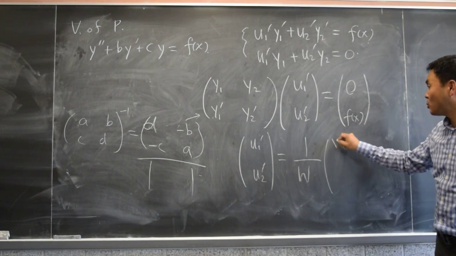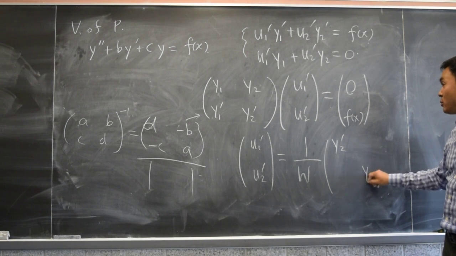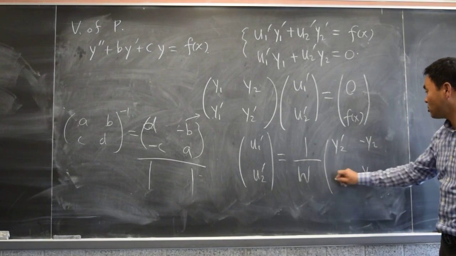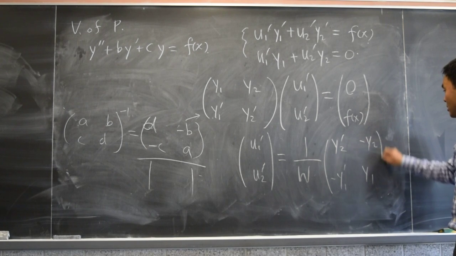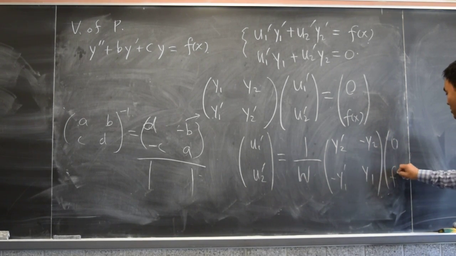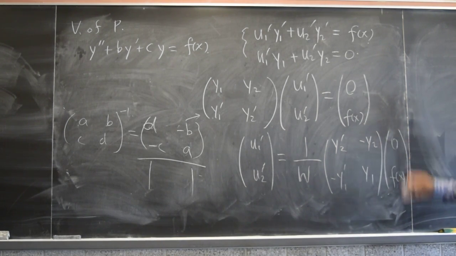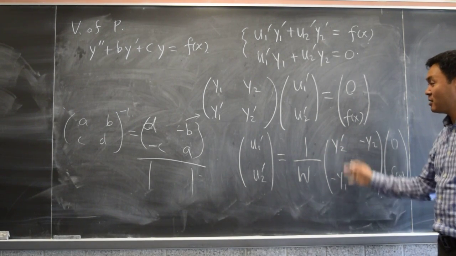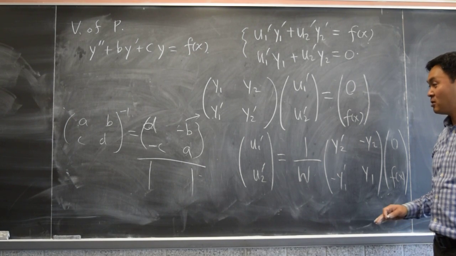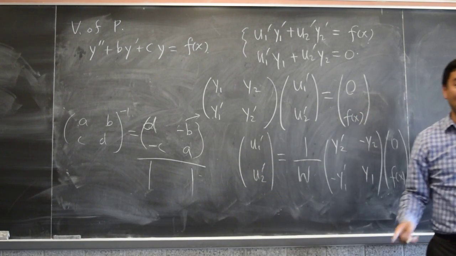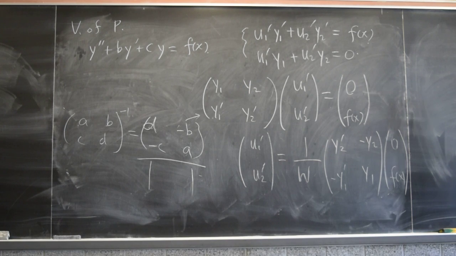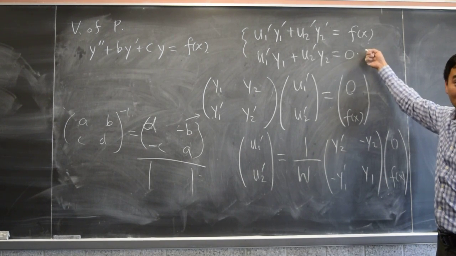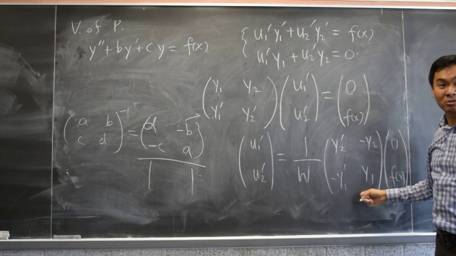Times the matrix y2 prime, negative y2, negative y1 prime, y1, times 0, f of x. So you can use this as a formula, compute the right side, find u1 prime and u2 prime, and then you integrate. That's how you can find out u1 and u2 quickly. So if this is too much, you can just memorize this one and use it, or you can also just memorize this one.